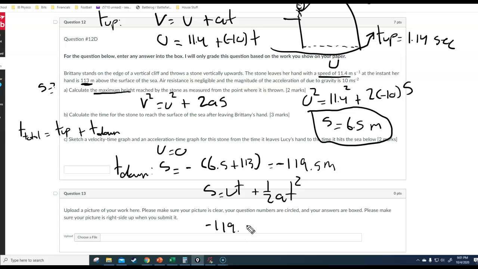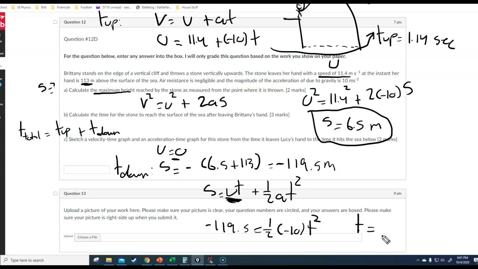Negative 119.5 equals, because the initial velocity is 0, this whole first term is going to be 0 because 0 times t is 0. And so all I have left is 1/2 times negative 10 times t squared. And this t that I'm solving for right now is going to be the time down.